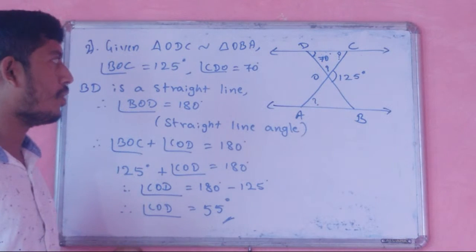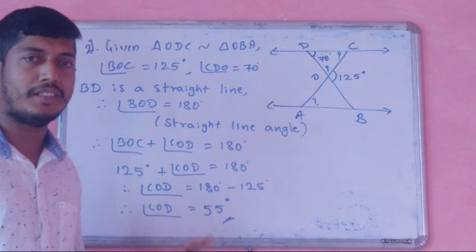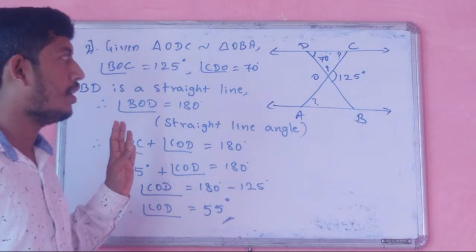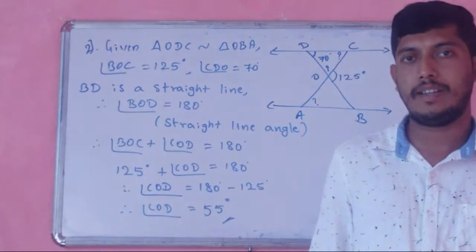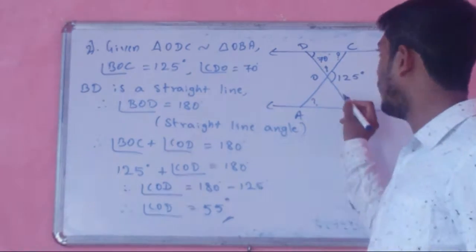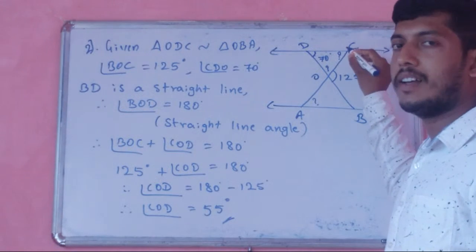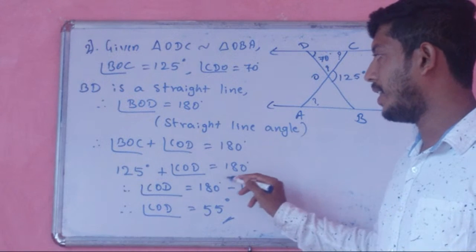So for that, what we have to consider? We have to consider line BD, and here BD is a straight line, and the angle produced by a straight line is 180 degrees. But here the total angle BOD is divided into two angles. One is BOC and another one is angle COD. The sum of these two angles gives 180 degrees.